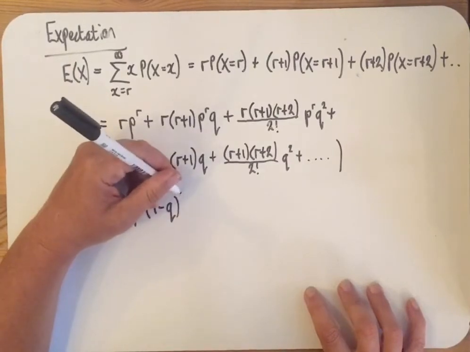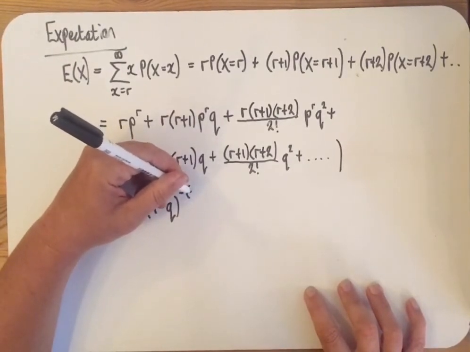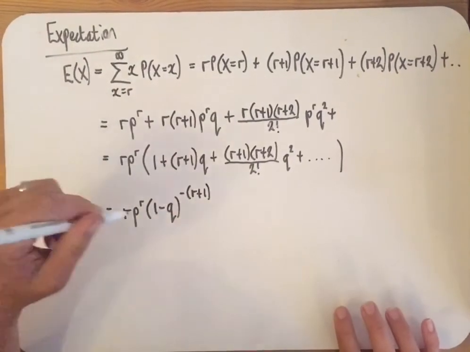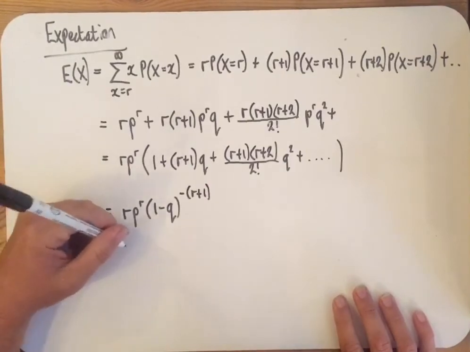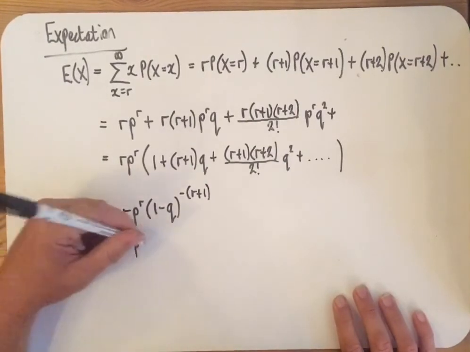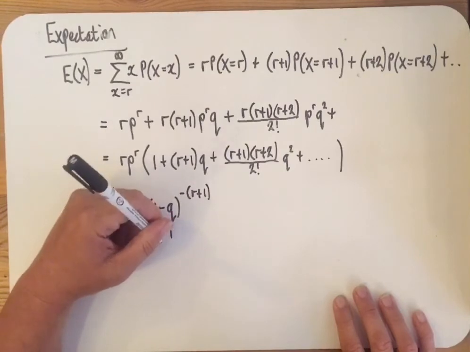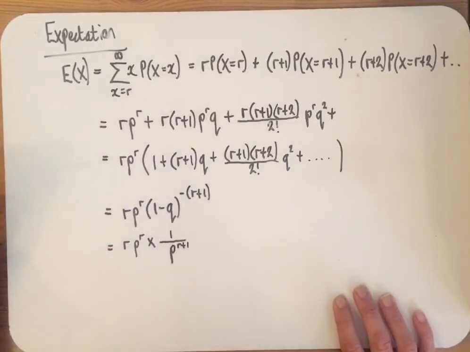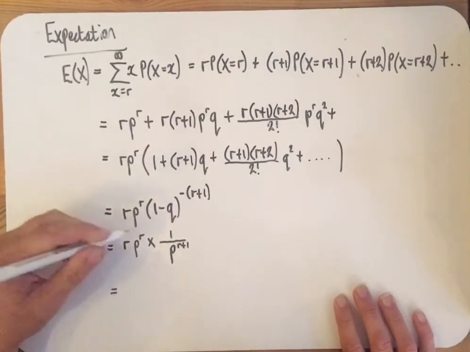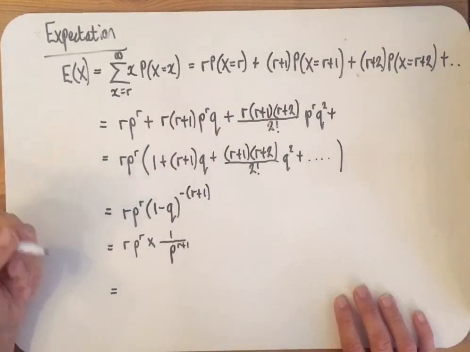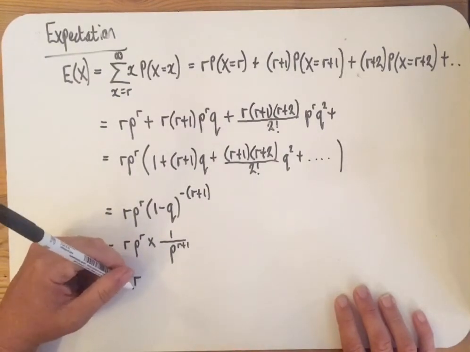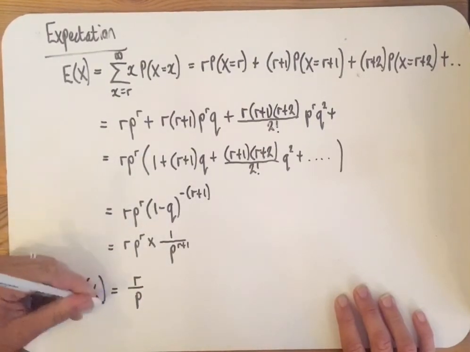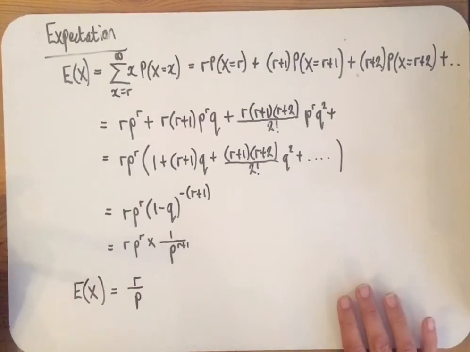So again, we're using this formula for binomial expansion with a negative power, hence the negative binomial expansion. 1 minus q is p, so I've got r p to the r times 1 over p to the power of r plus 1, and p to the r over p to the r plus 1 will give me 1 over p. So this all goes down to r over p. So the expectation of x is equal to r over p.